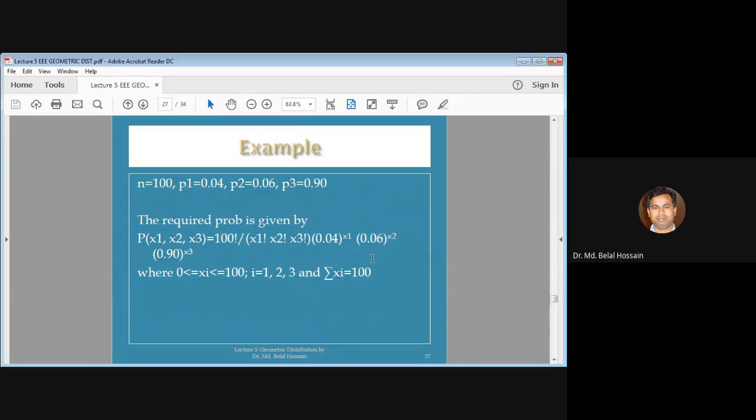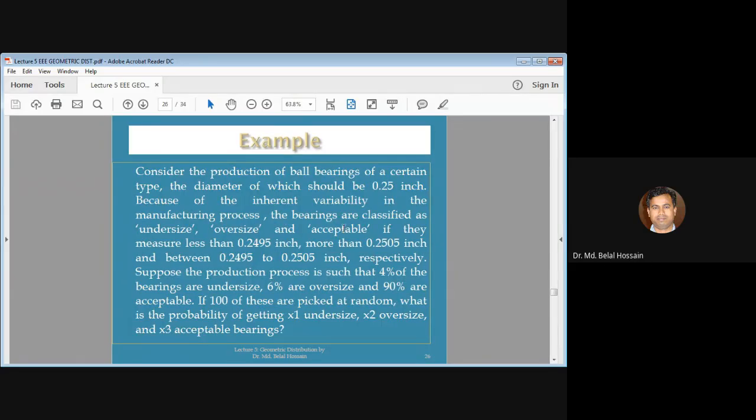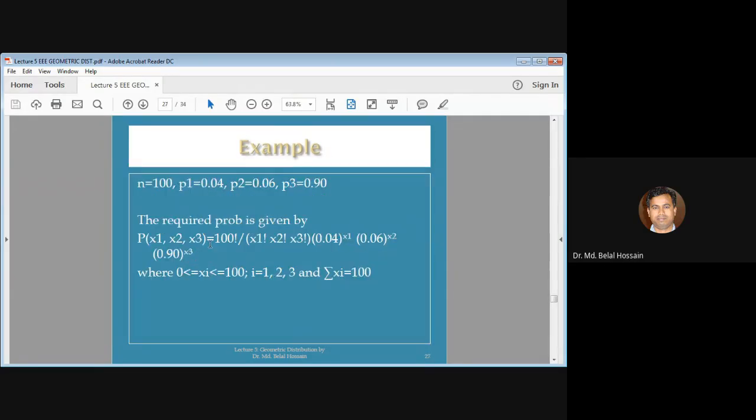So that is the trick you have to learn, that from this sort of problem you have to generate the PMF first, the probability function first, then any probabilities you can calculate by putting values of this x's, okay. So this is the trick.